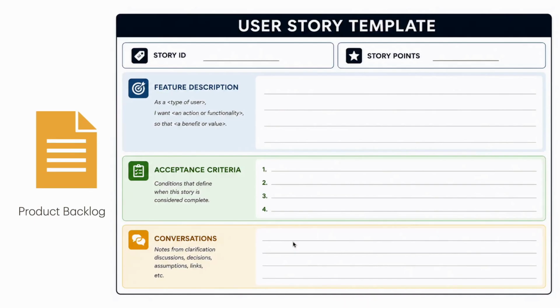So it is better to capture all those conversations so that the user story will carry it forward. So the person who is going to volunteer to do that particular user story will know that these things also must be taken care of.